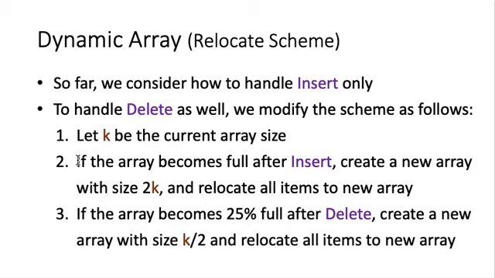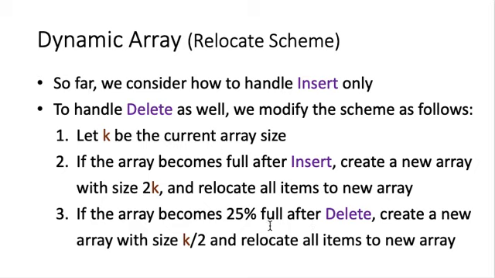And same as before, if the array becomes full after insert, we will double the size of the array, create a new array with size 2k, and relocate all the items to the new array. Now, the next part handles what happens for the delete. Okay, so if the array becomes only 25% full after delete, a quarter full after delete, then this time we will create a new array, this time with array size k over 2.